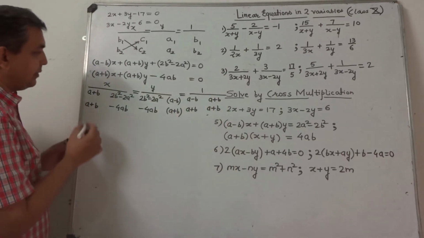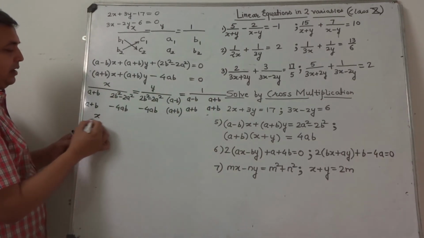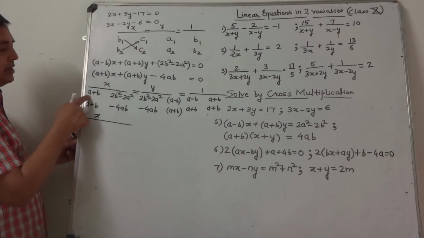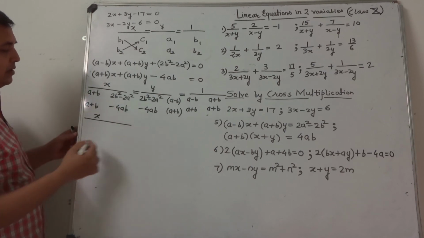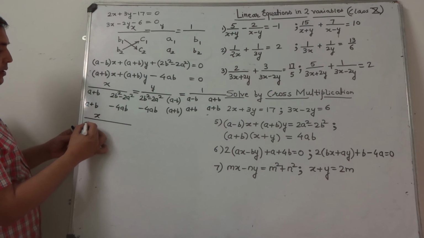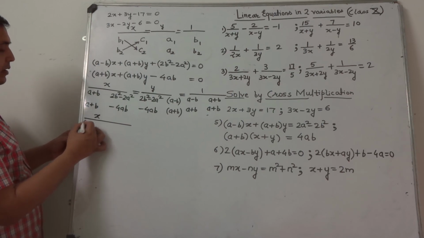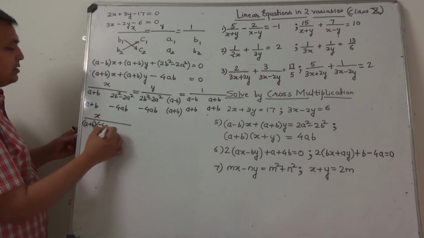Now check what do we get. x upon a plus b into this, so we get a plus b into minus 4ab.